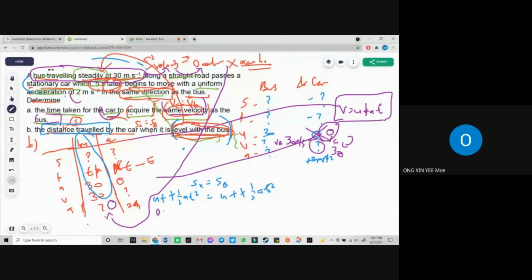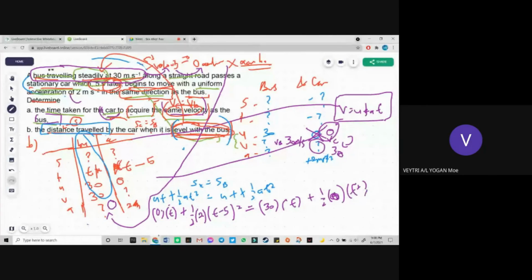Initial kosong. Time, no matter what, akan jadi kosong. Tambah 1 over 2. Acceleration 2. Time T minus 5 square equals to initial, initial untuk bus apa? 30. Tapi time anda kena cari plus 1/2 acceleration kosong tambah darab t square.